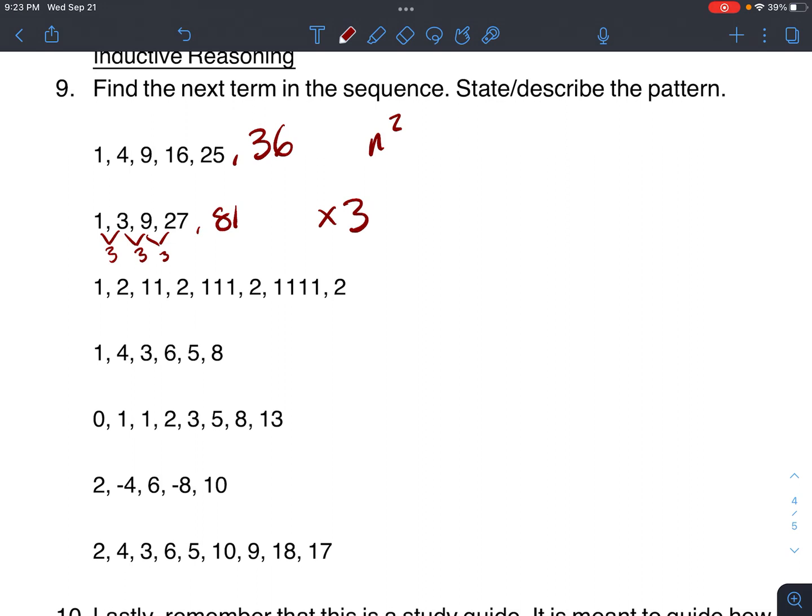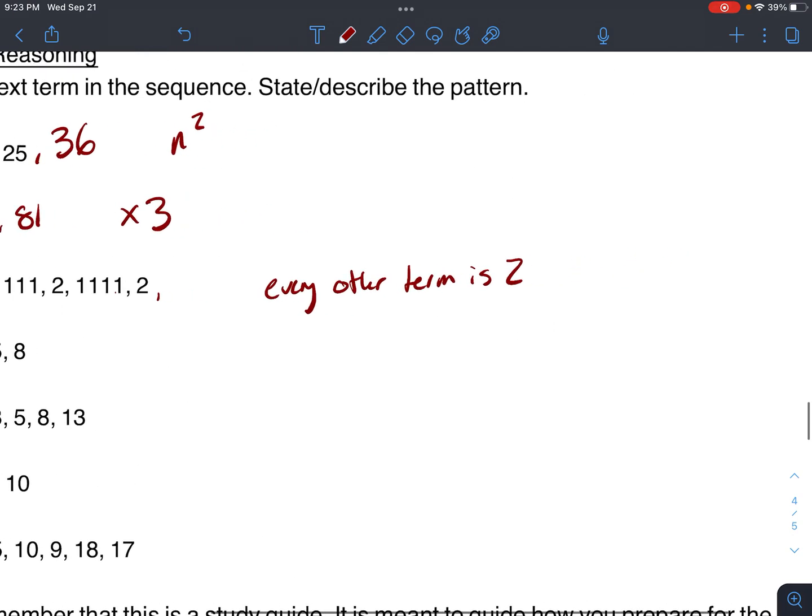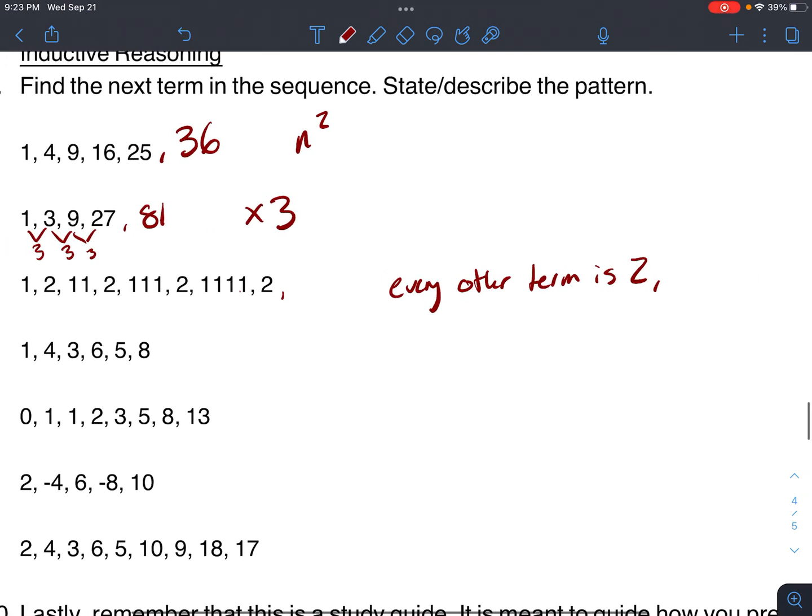So this next one, we have 1, 11, 111. So every other term is 2. And then we just have a number where the subsequent place is being increased.